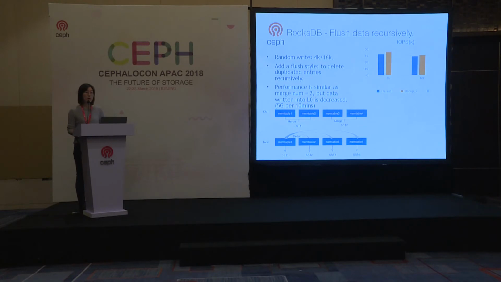So we had a solution to merge the data recursively. That means we compare data in memory table 1 with the later memory tables, maybe 1 or 2 or 3. For example, we compare the data in memory table 1 and memory table 2, and then we flush the valid data in memory table 1 into the disk.